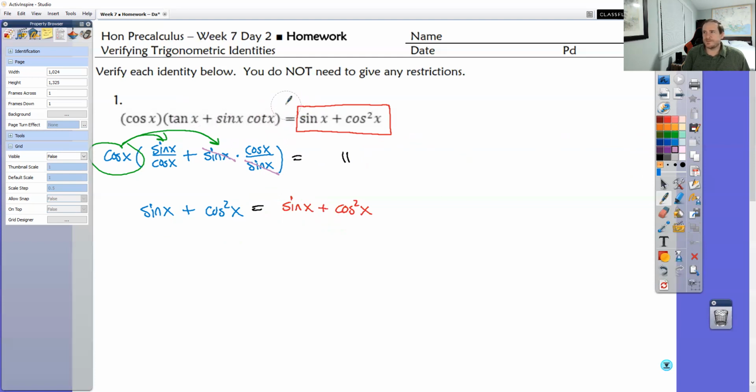So it's almost like you can imagine this equal sign really has a question mark above it. You modify this side a bit and you're still wondering, are they the same? But at this point, there's no question anymore. They are. So one way to end your verification is to put a little check mark above the equal sign and be like, yep, they're the same now.